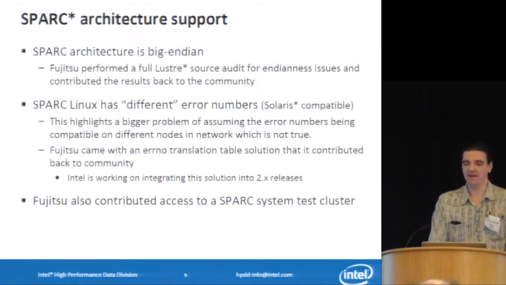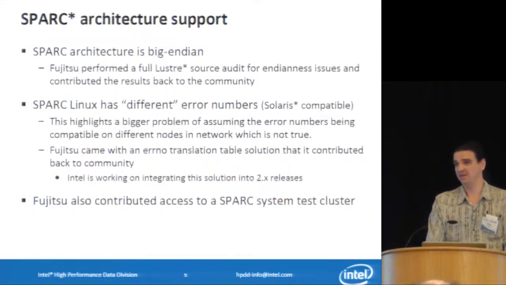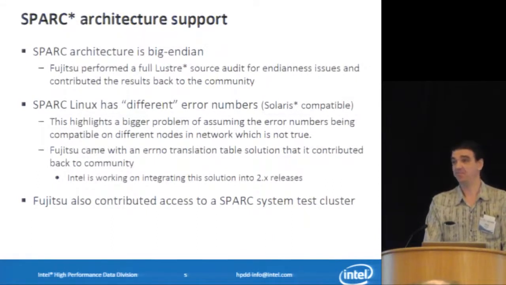And additionally, a unique Spark architecture problem is the Linux on Spark uses a different error numbers from other Linux architectures because they wanted to be compatible with Spark Solaris.